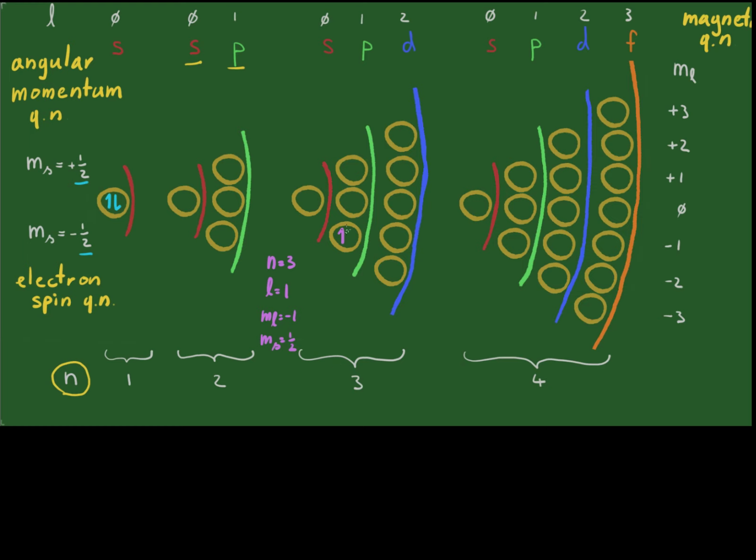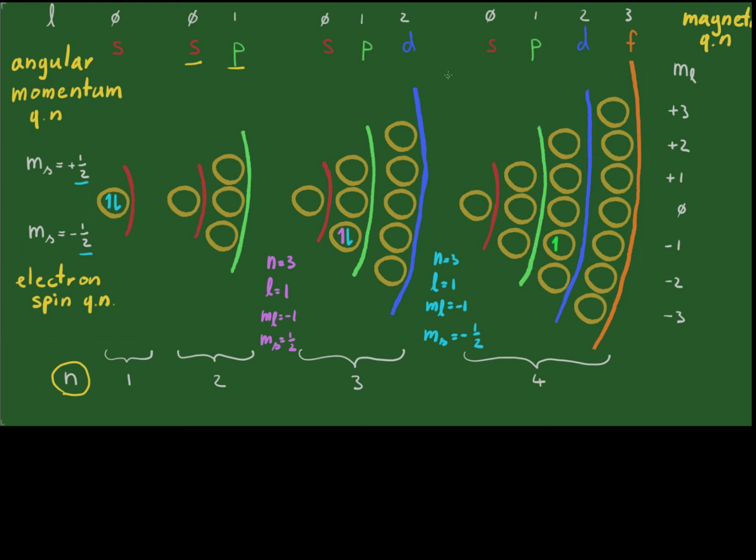Equally, if I placed another electron here, so if I gave it a neighbor, what would be the quantum address then? Well, N will still be 3, L will still be 1, Ml would still be -1. However, Ms, now that it is spinning down, has to be -1/2. And just to hammer the point home, if we added another electron here, what would be its quantum address?